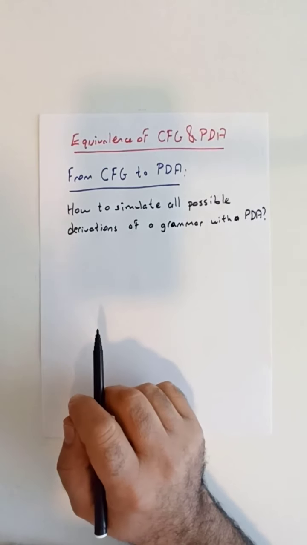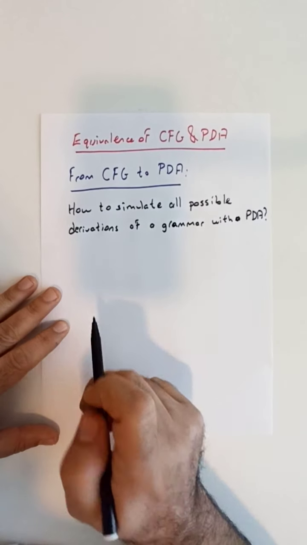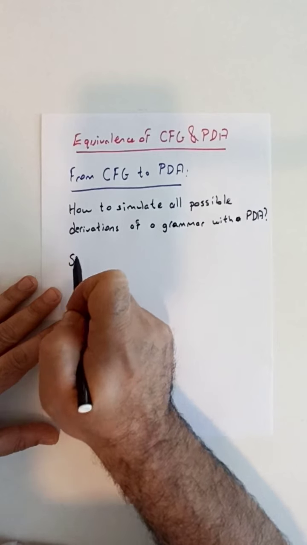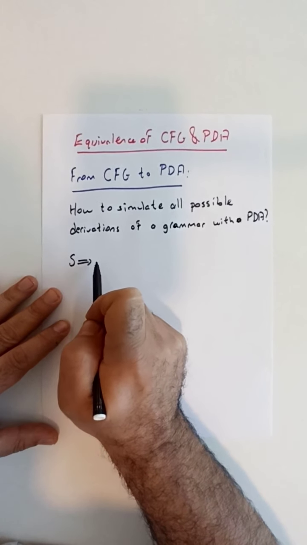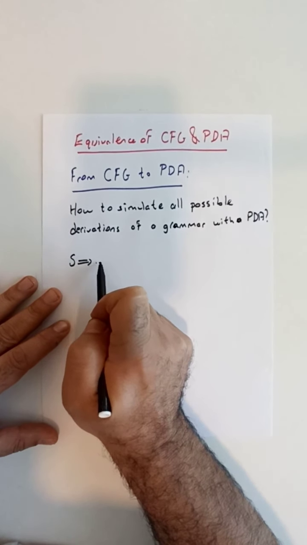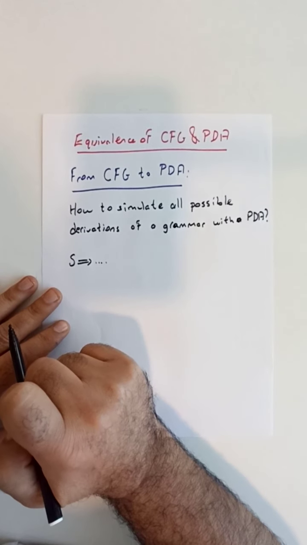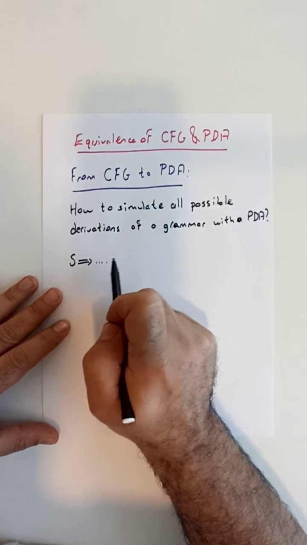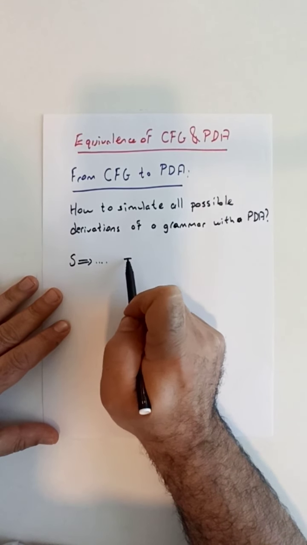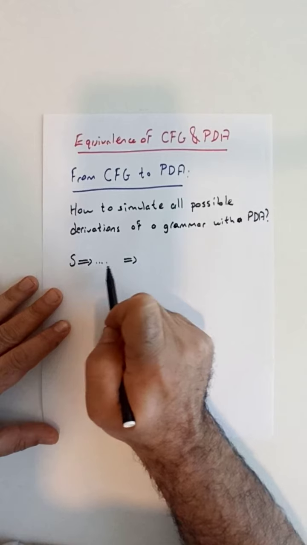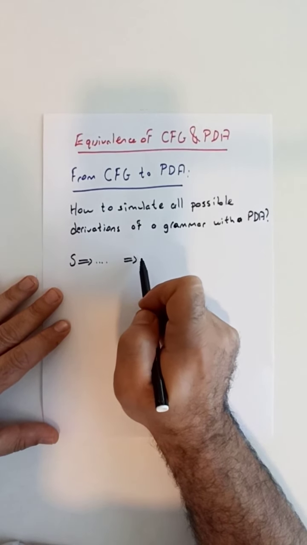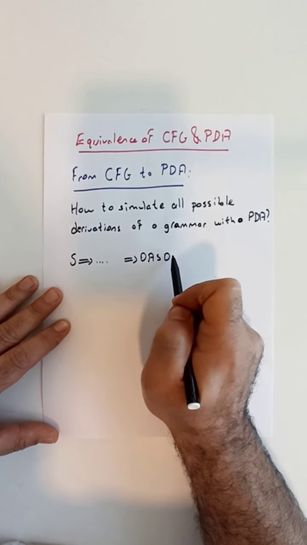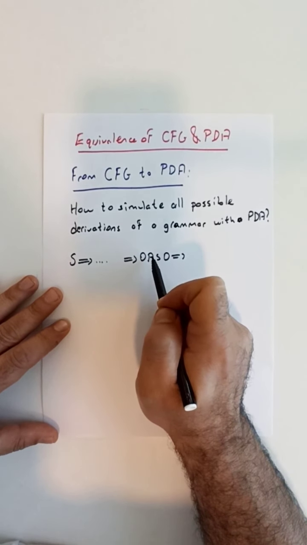Let's try to visualize how a sample derivation in a context-free grammar looks. We start with our starting variable S, and then we replace S with one of the rules given by the grammar that we can extend our variable S with. So we continue with those derivations. We can have many intermediate strings here. Let's say one string is 0AS0, and we are doing leftmost derivations.